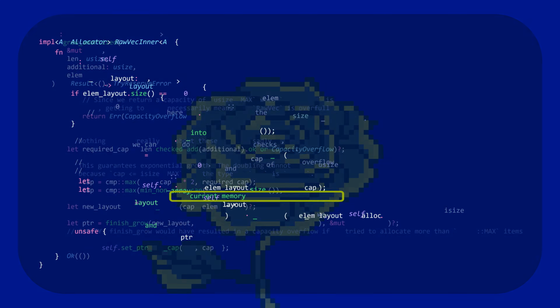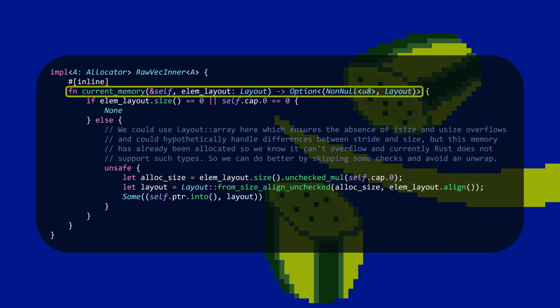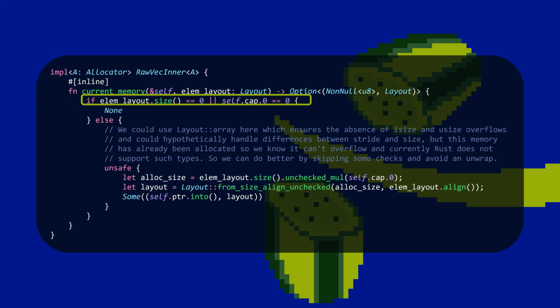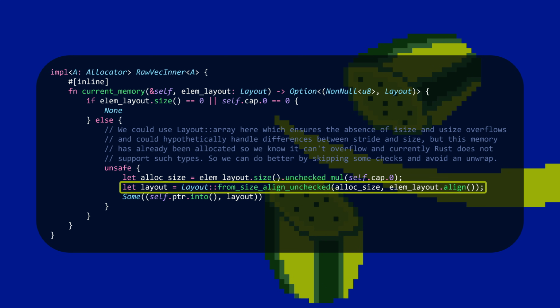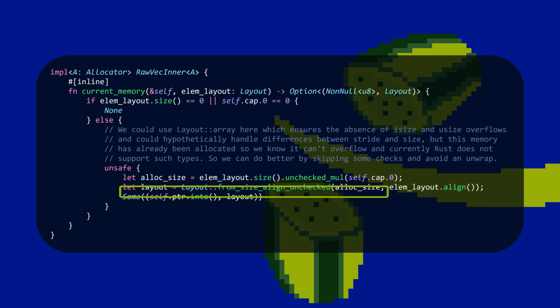Starting from the inside out, current memory is a RawVecInner method that takes a reference to self and a layout and returns an option of a tuple of non-null u8 and layout. If we're working with a zero-size type or the vec's capacity is 0, we return None. Otherwise, we multiply the size of our type T by vec's capacity. Then, we create a layout using the multiplied size and T's align.